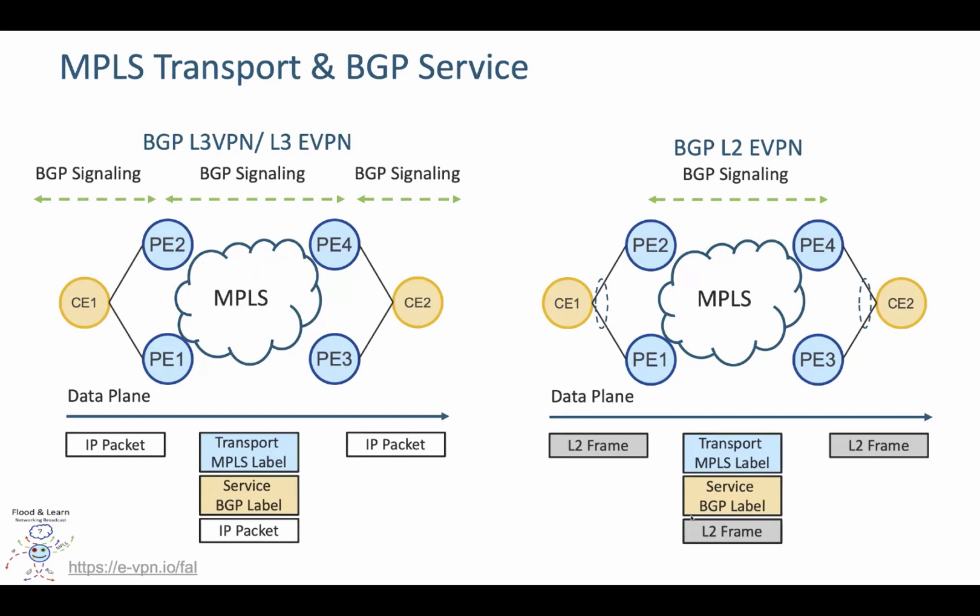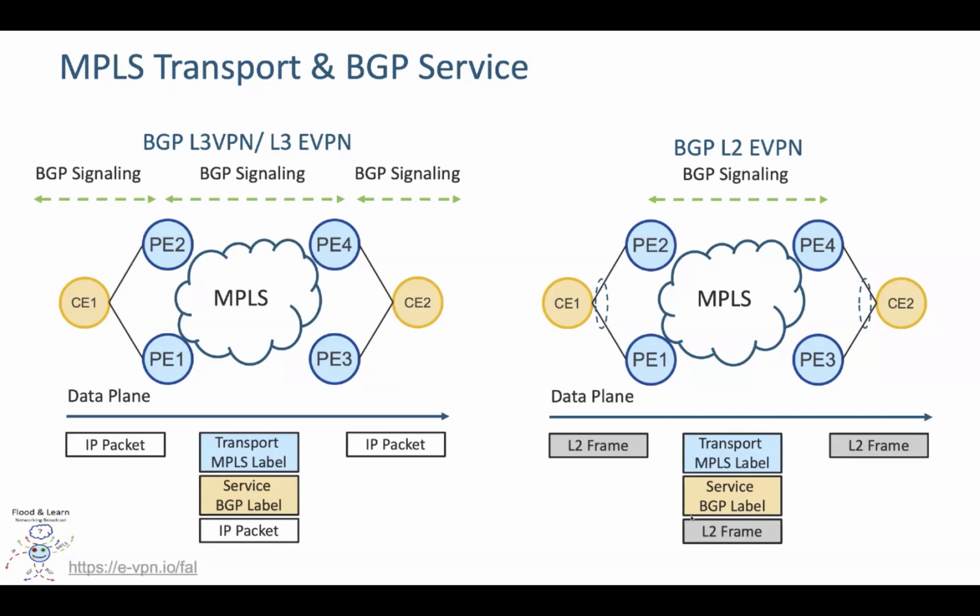Here is a really basic picture where I'm showing the difference between the BGP L3VPN and EVPN L3 in terms of signaling and the data plane. I think it's very basic. On the other hand, we also have the BGP L2VPN.